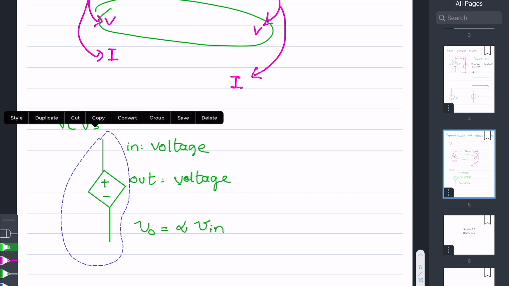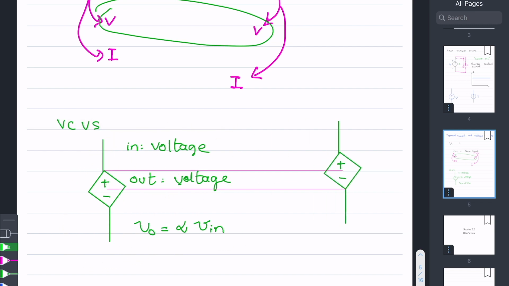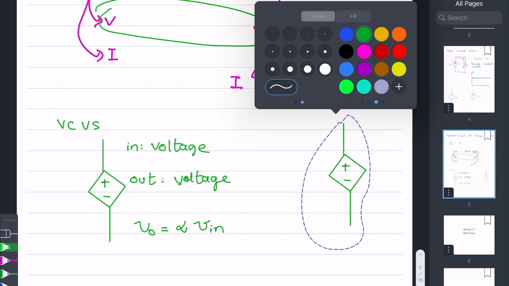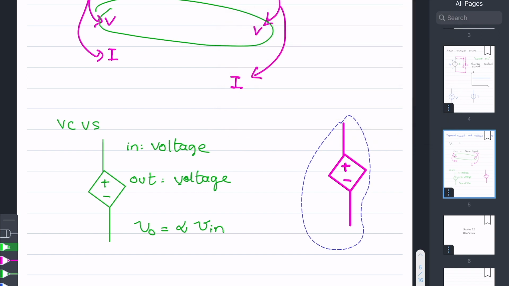Now let me duplicate this and then style it to be that color, maybe a bit bolder. So you can have the input to be a voltage and the output to be a current. Then you have a voltage controlled current source.